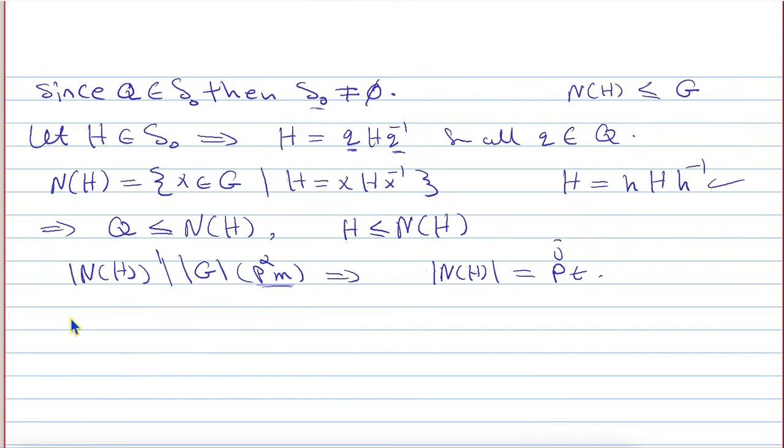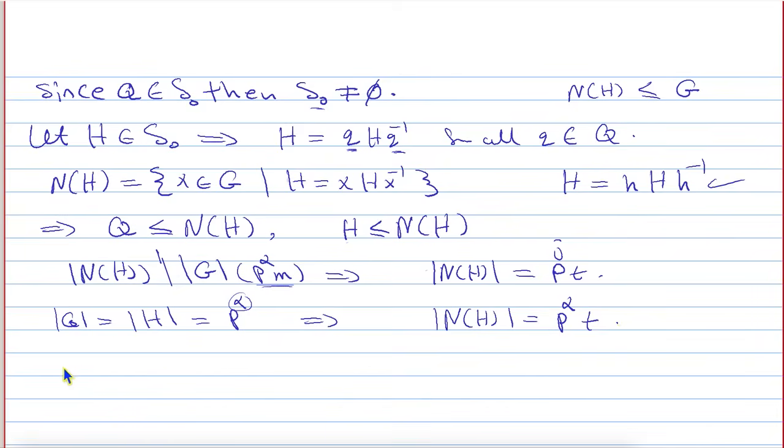And now, since Q and H are both subgroups of the normalizer, and the order of Q and order of H are b to power alpha, and alpha is the highest power, then this implies that the order of the normalizer of H must be b to power alpha times some natural number t.